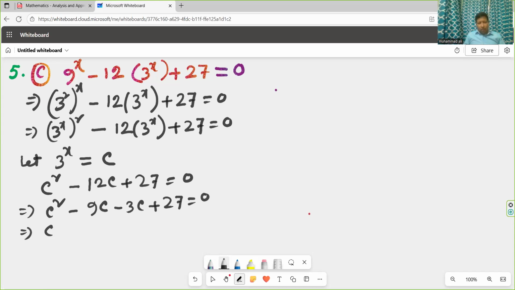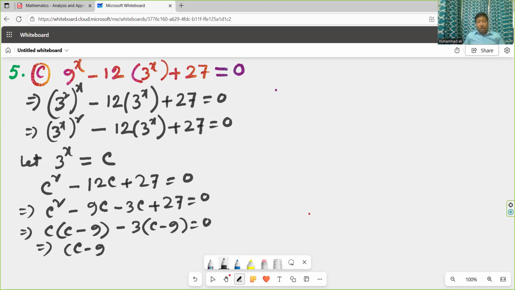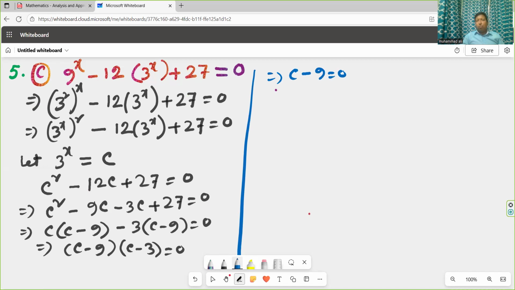If we take c common, it will be c minus 9. If we take common 3, it will be c minus 9 equals 0. So (c minus 9)(c minus 3) equals 0. After that, you can write here c minus 9 equals 0 or c minus 3 equals 0.